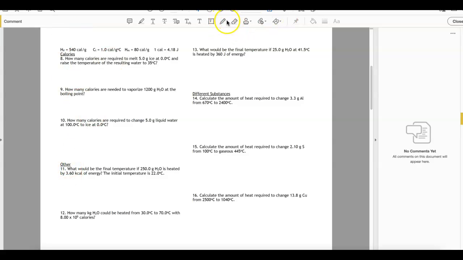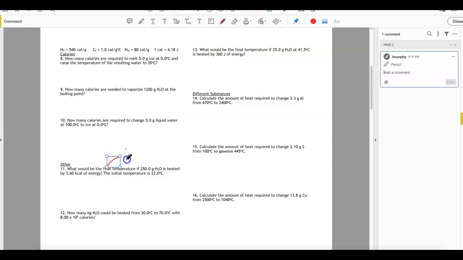It says, what would the final temperature be, and I give you mass, and I give you energy, so this is Q, and I give you an initial temperature. All right? Now you go, okay, so far in here when I've done Q, it's come out in joules. Which means you need to take the extra steps to turn your kilocalories, that's what kcal means, into joules. So you got to do a little bit of work up front.